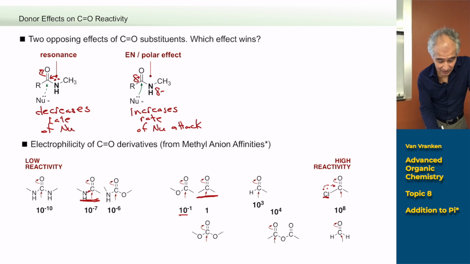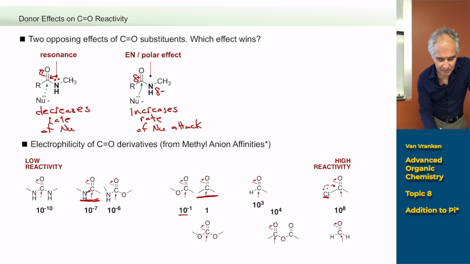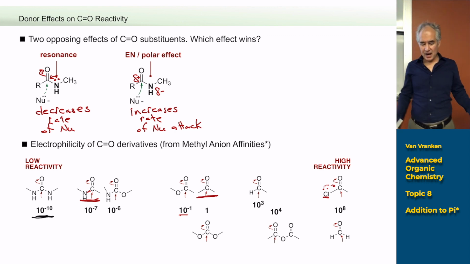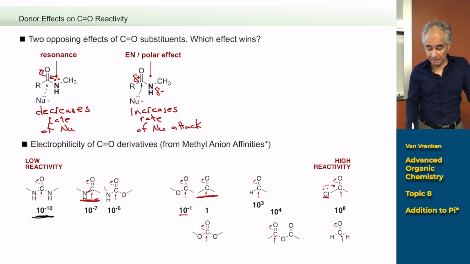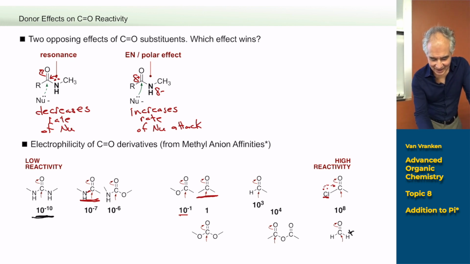If you put two nitrogens here, this is called a urea. When you put two nitrogens next door to a carbonyl, it's a functional group you don't see that often. It's 10 billion times less reactive than a ketone, right? So this is the span of reactivity of typical carbonyl groups. And if you have no electrons, no lone pairs, like this, I don't want to draw lone pairs on the H. There's no lone pairs on H's.